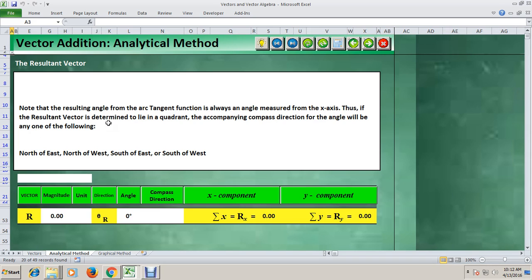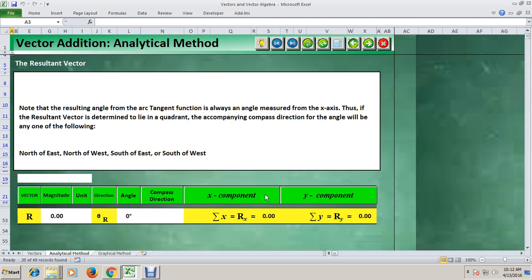Thus, if the resultant vector is determined to lie in a given quadrant, the accompanying compass direction for the angle will be one of the following: north of east, north of west, south of east, or south of west, depending on which quadrant the resultant vector lies in.